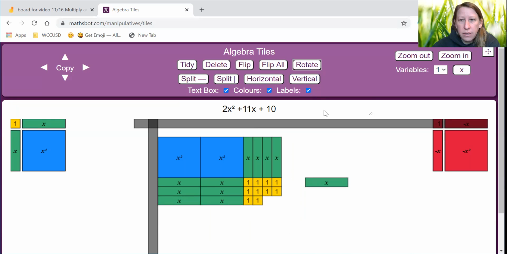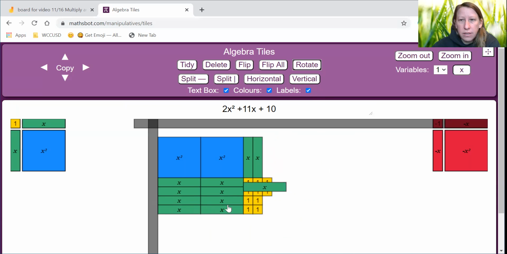Can I make 2 more rows? Play around with it. I like a good challenge. Still some pieces missing. What if I do that again? Can I get it to fit? Uh-oh. I still have a piece missing.